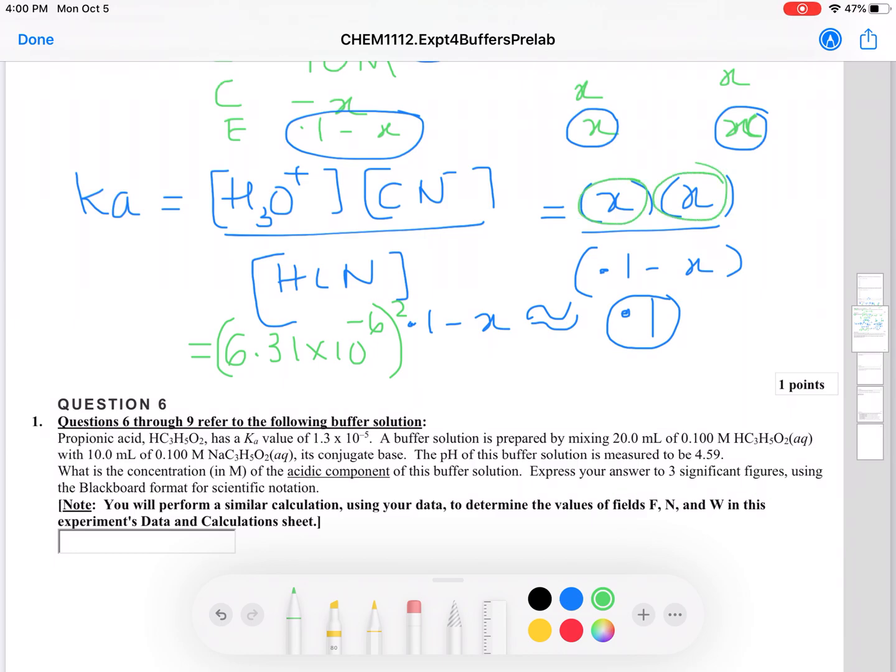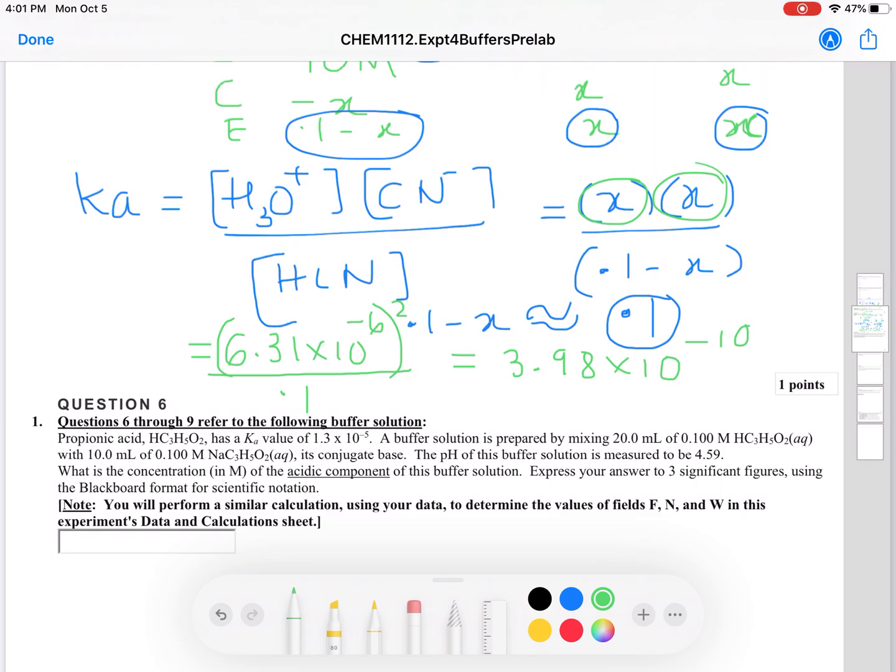X squared, which is this thing I just wrote, over HCN, which is 0.1. This will give you Ka. Once you find Ka, you raise 6.31 times 10 to the negative 6 to the power 2, and that would be something like 3.98 times 10 to the negative 10.